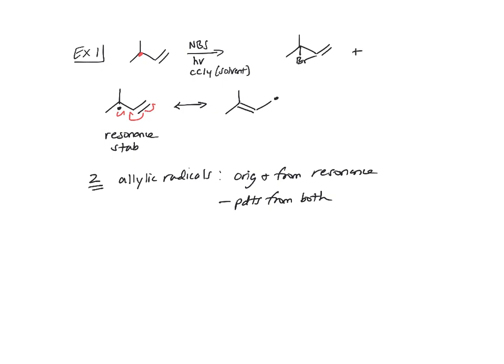And then from the resonance structure, I will have the bromine out at the end. So two different products. So it's very important that before you launch in and start drawing bromines everywhere, you identify your initial radical or radicals, and then you start drawing all the resonance structures. That'll tell you exactly what the products are.